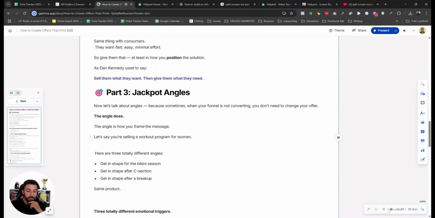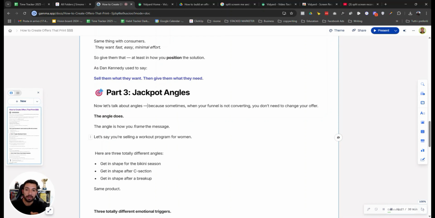The only way you have to make something sound unique is with angles. And the right angle is the difference between an offer that does not convert and an offer that converts.